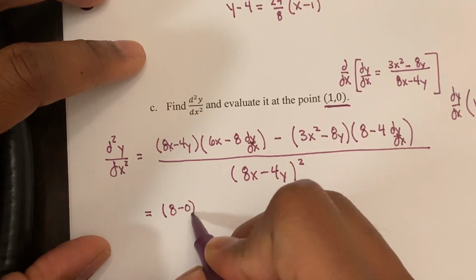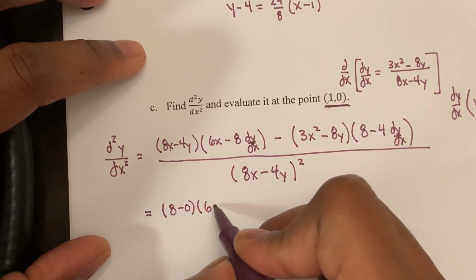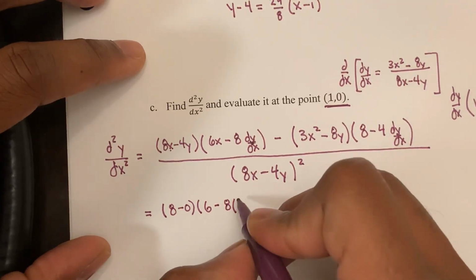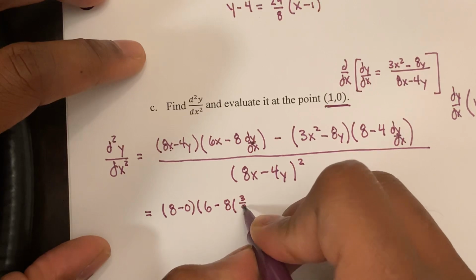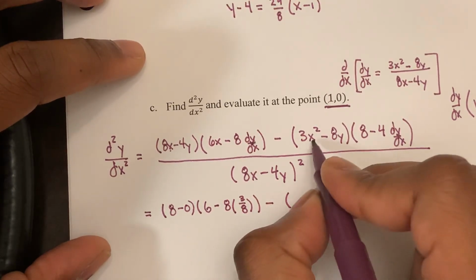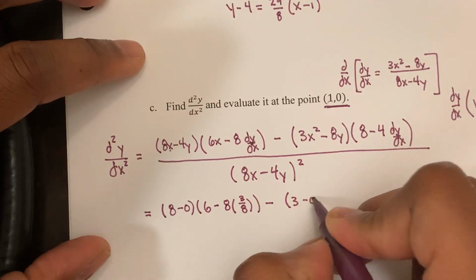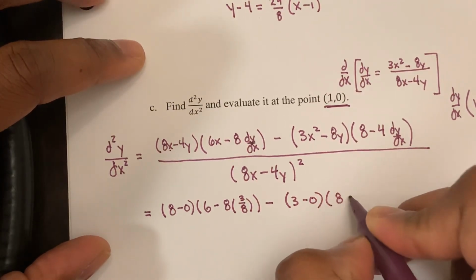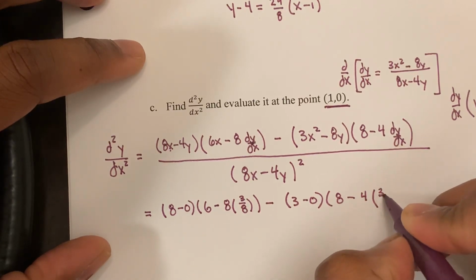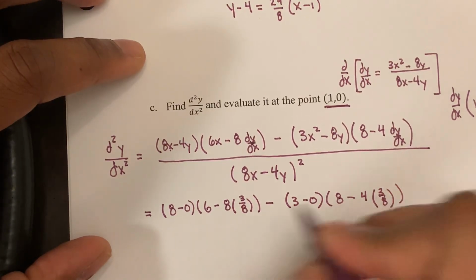So that's going to give us 8 minus 0 times 6 minus 8 times 3/8, minus x is 1, so 3 minus 0 times 8 minus 4 times 3/8.